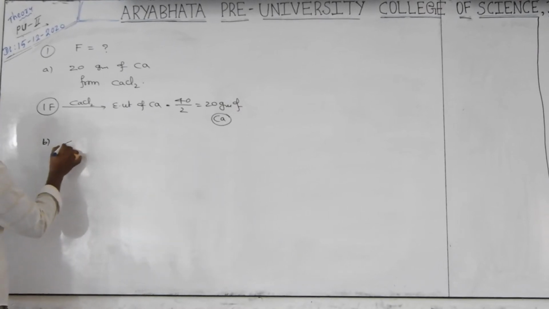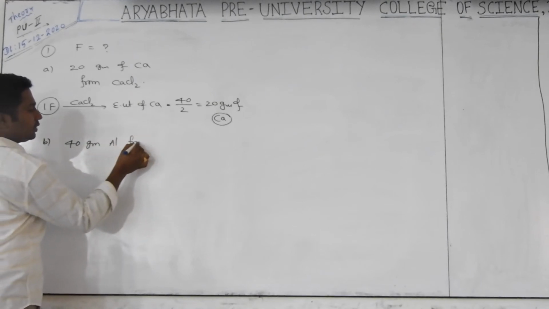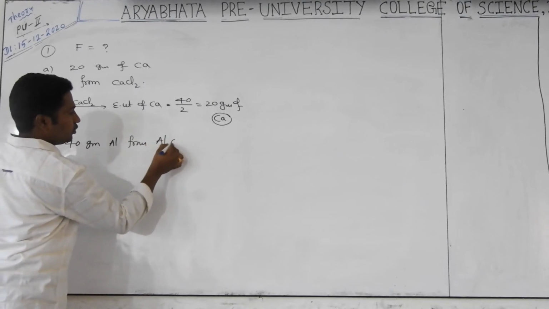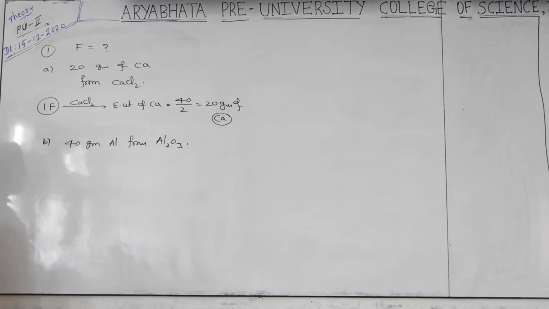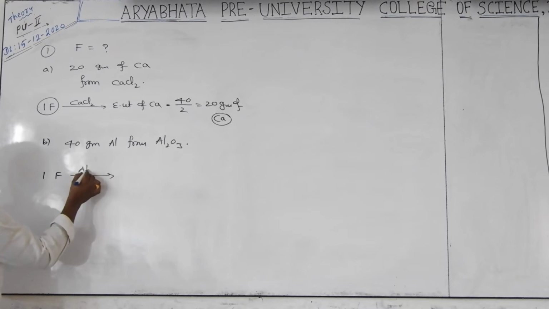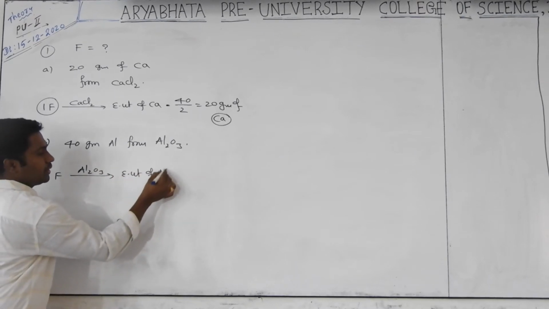You want 40 grams of aluminium from Al2O3 solution, alumina solution. How many Faradays are required? We know very well that by sending 1 Faraday through Al2O3 solution, we get the equivalent weight of aluminium.